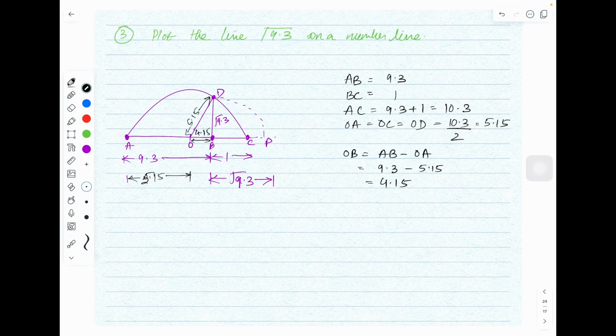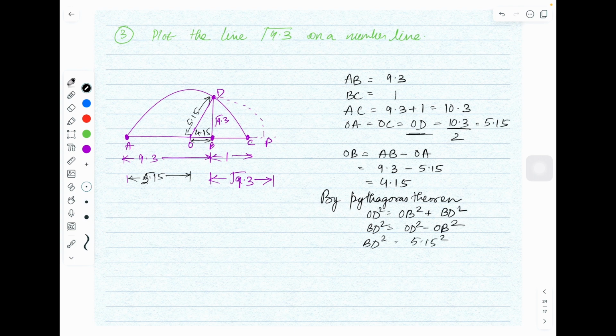So in this triangle, by Pythagoras theorem, hypotenuse square, OD square, equals base square, OB square, plus height square, BD square. We want to find the value of BD. So BD square is OD square minus OB square. OD value is 5.15 square, since it is the radius of a circle. OB value is 4.15 square.